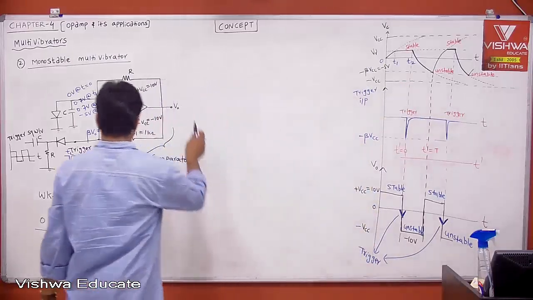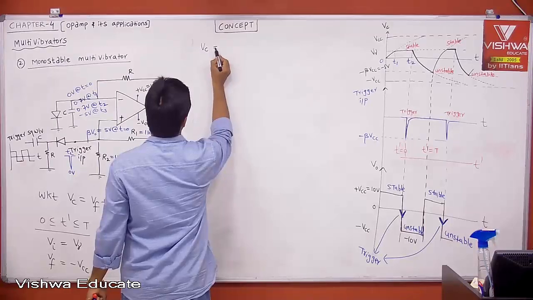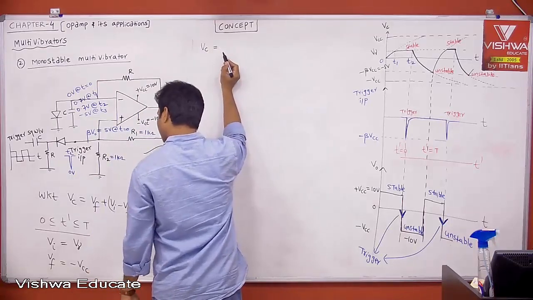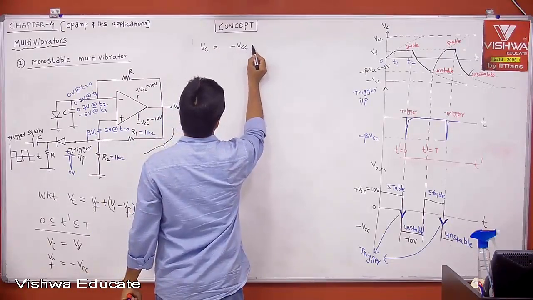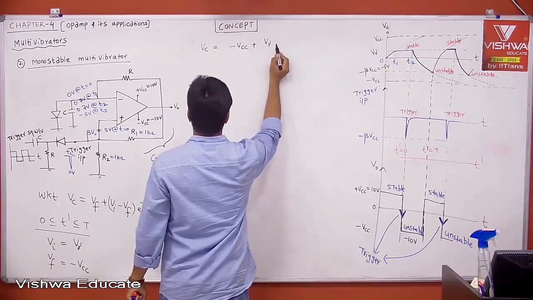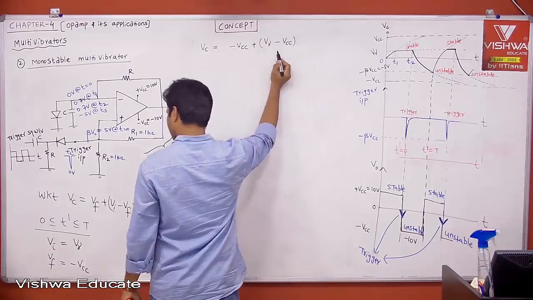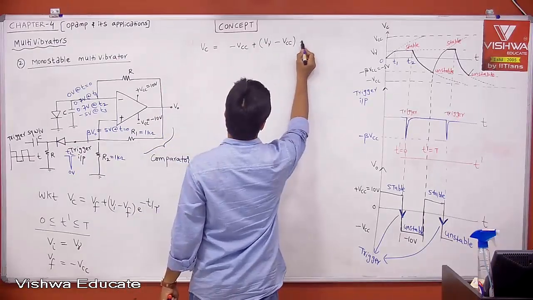Now, if you substitute, the voltage across the capacitor VC is equal to V final plus (V initial, V gamma, minus V final) into e to the power of minus t by tau.